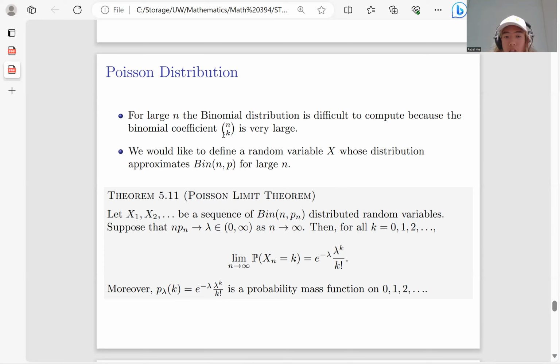In this case, we don't have n factorial, we only have k factorial, and k is definitely smaller than n, so we are reducing our computation complexity. Moreover, notice that this is the probability mass function, defined on the integer set 0, 1, 2, and so on.